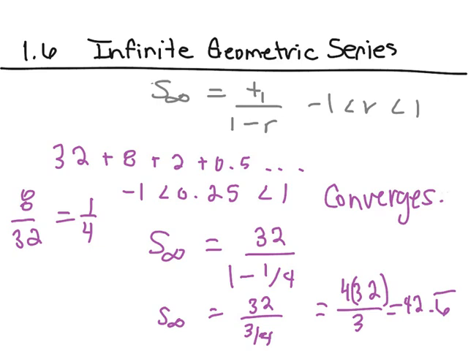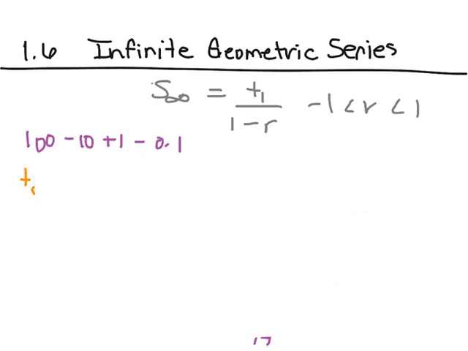So this is the sum of the series, 42 plus 6 to infinity and beyond. So for the next one, T1 is equal to 100.